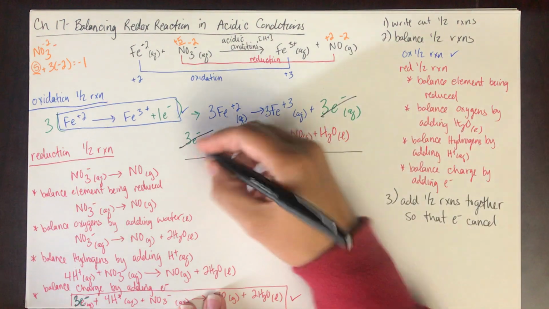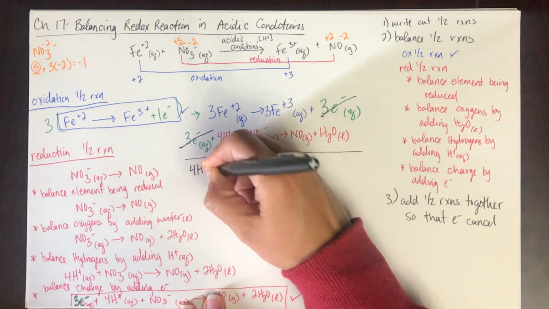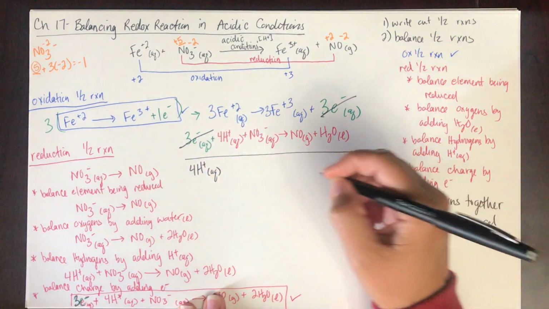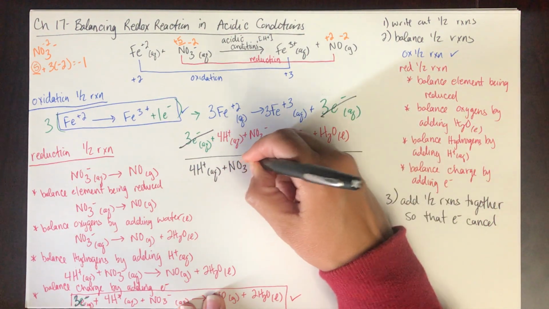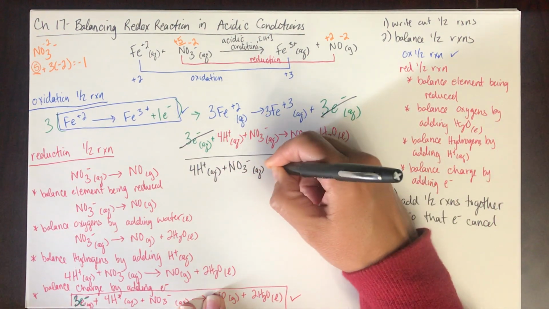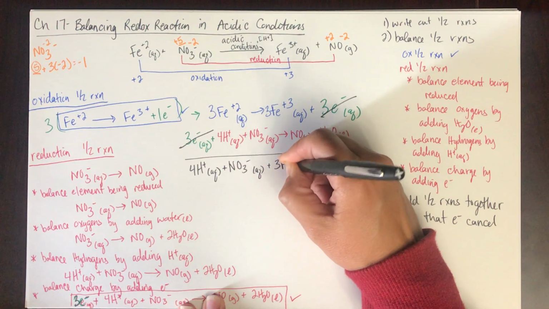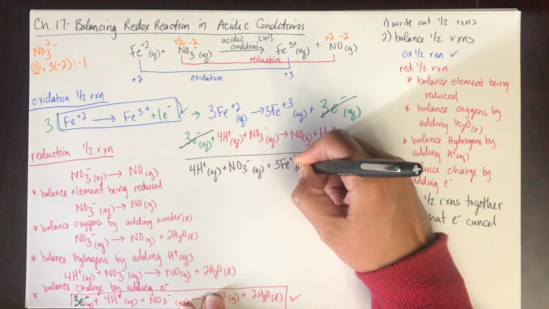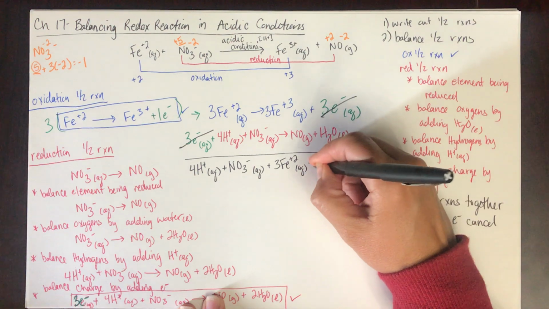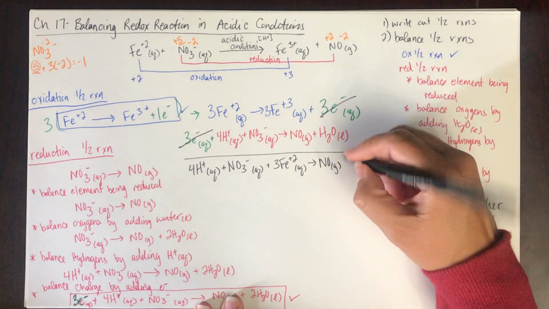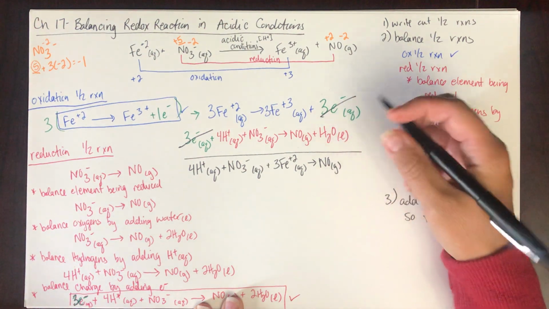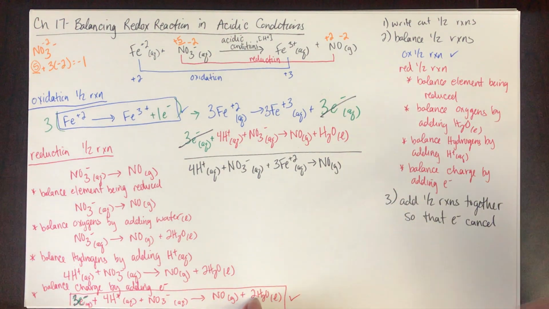So now I have 4 hydrogen ions, aqueous, plus the nitrate ion, aqueous, plus 3 Fe2+ ions, produces nitrogen monoxide gas. Sorry, I did not write, this is 2 water here.